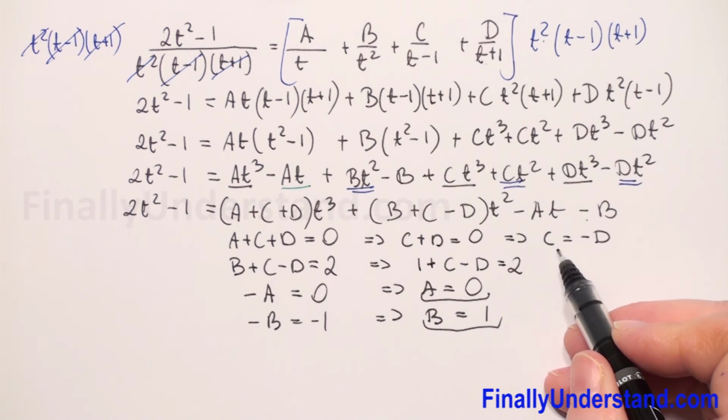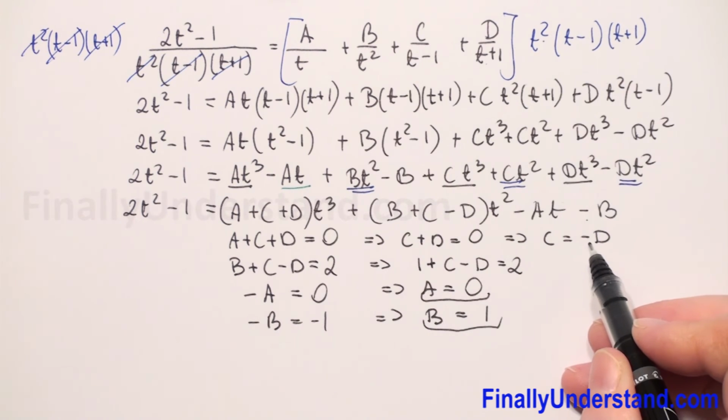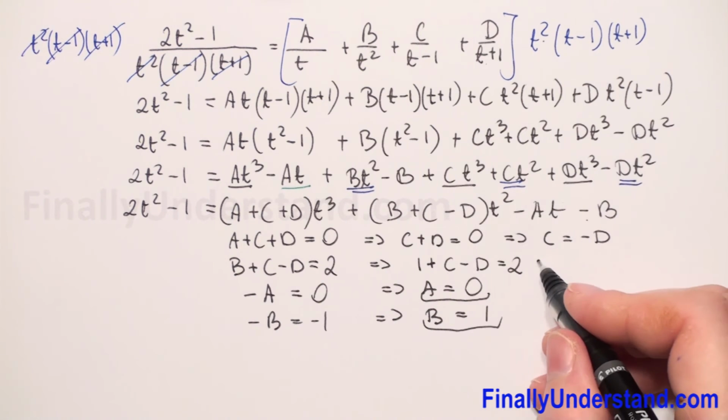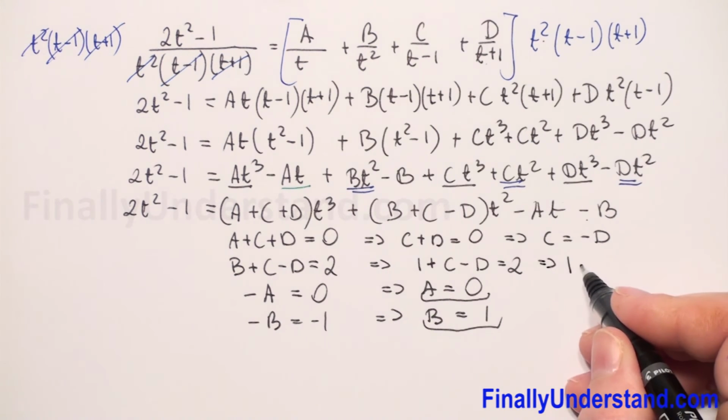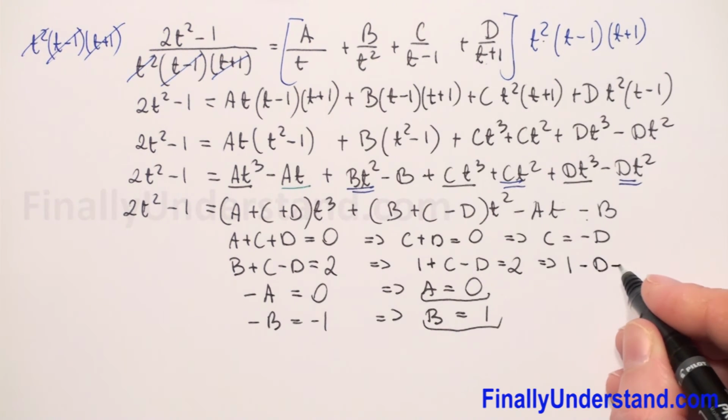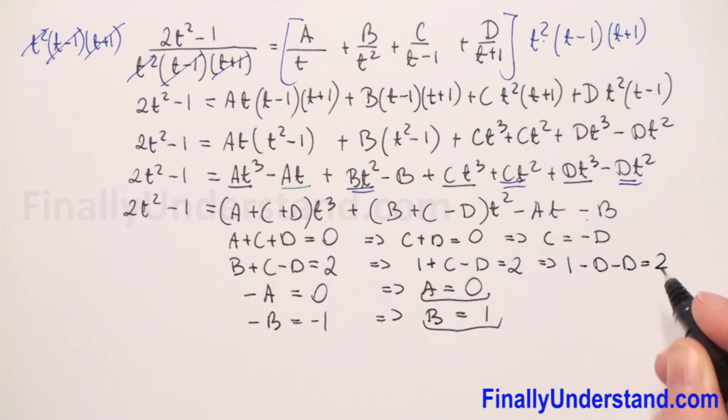We found that c is equal to negative d, so we can substitute into this equation c by negative d, and we have 1. Now c is negative d, so negative d we copy. This is equal to 2.